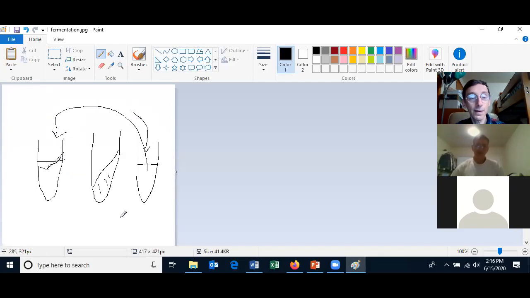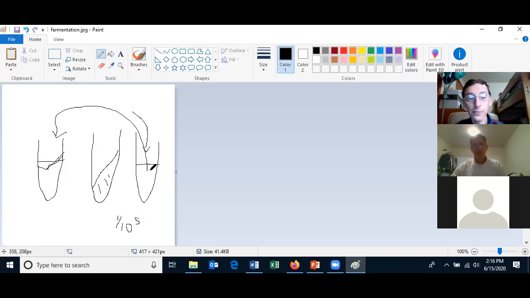So let's say you're looking for something in the soil that is 1 in 10 to the 5th. Well, to try and find this from a colony streak would be impossible, because the best you could do would be maybe 1 in 100.